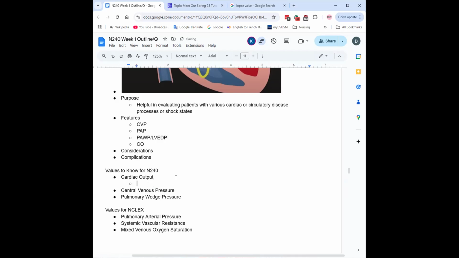So what are the values that you were told to learn when it comes to the cardiac output? Yeah, so it's going to be 4 to 8 liters per minute. All right. What about your CVP? That's going to be 2 to 8, yes.